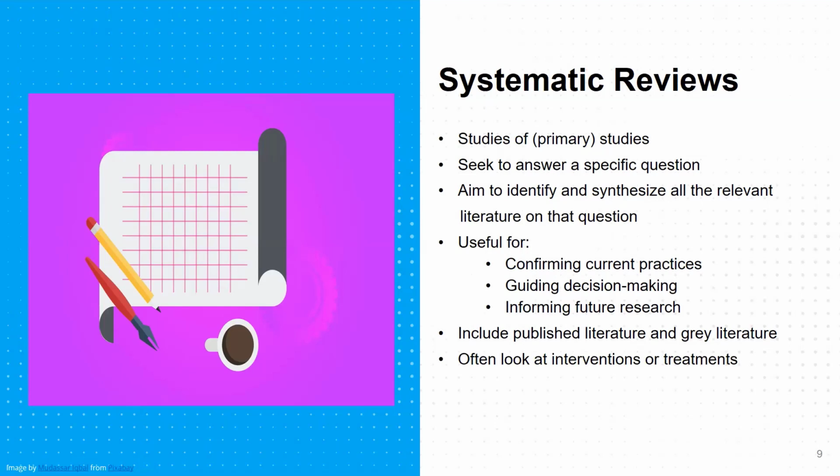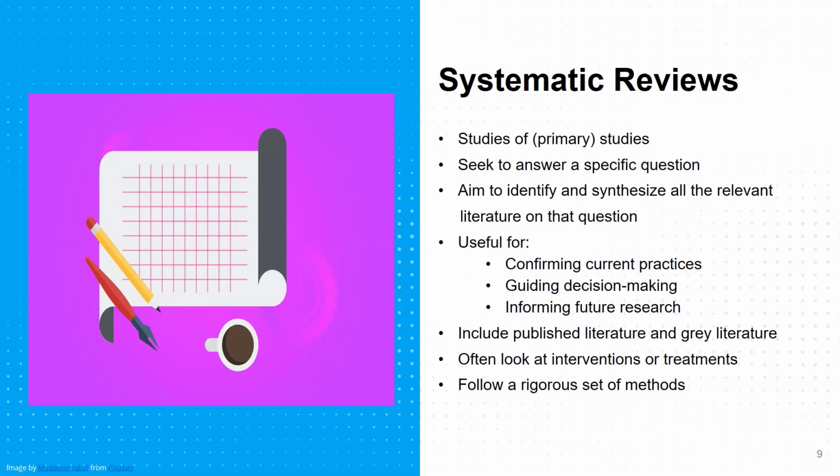They often look at interventions or treatments, although not always. So it's not mandatory to be looking at an intervention or treatment, but that's usually what systematic reviews are looking at, and to look at things in a very specific way.